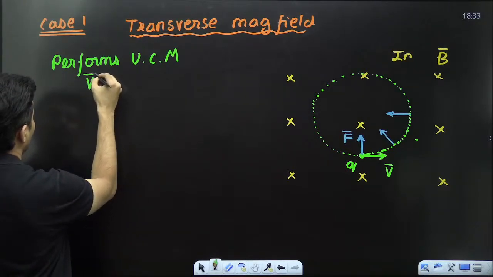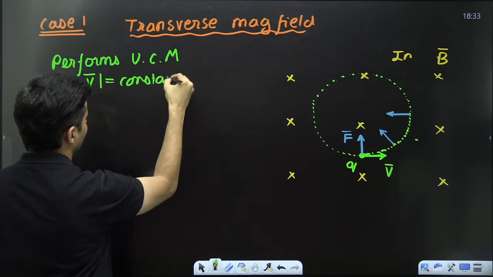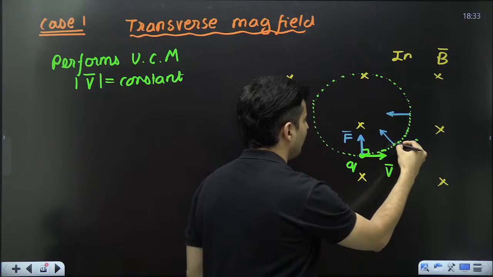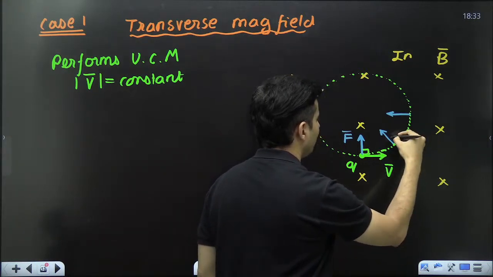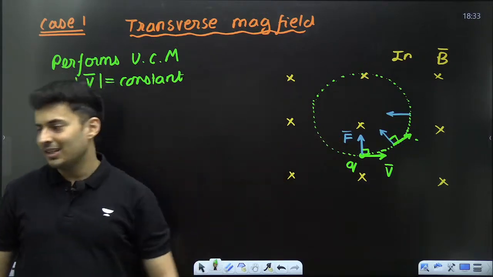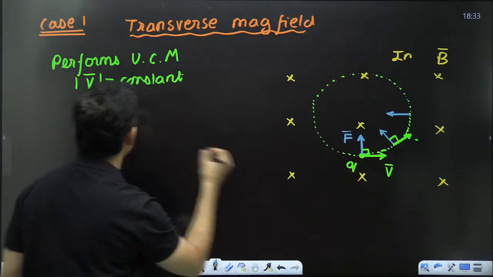The V's magnitude is always going to remain constant. The direction continuously changes. You will see at every point it is perpendicular to the force. That force acts like the centripetal force.